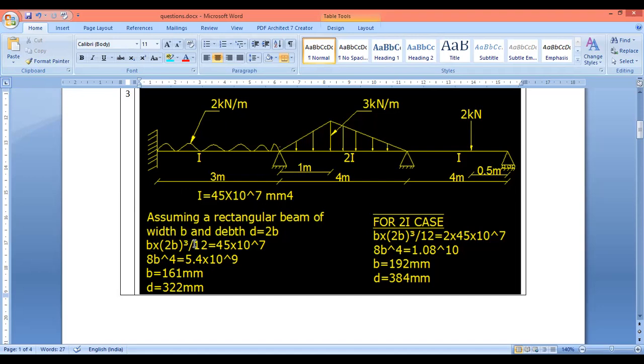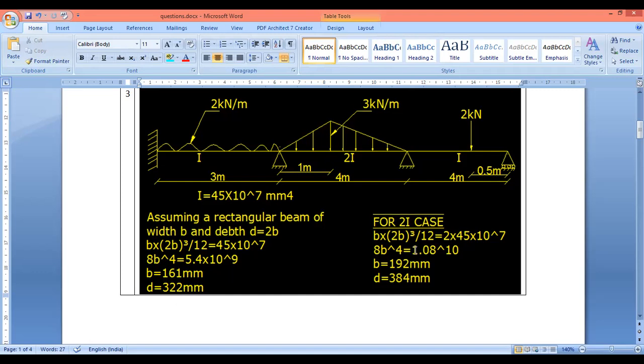We know that for a rectangular section, the moment of inertia is BD cube by 12. B into D, which is 2B, cubed, by 12, is equal to the given I value. When you solve this, you will get B equal to 161 mm and D equal to 322 mm.